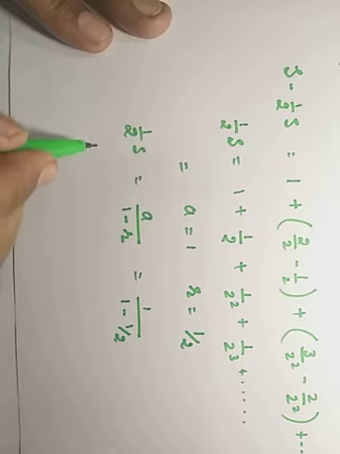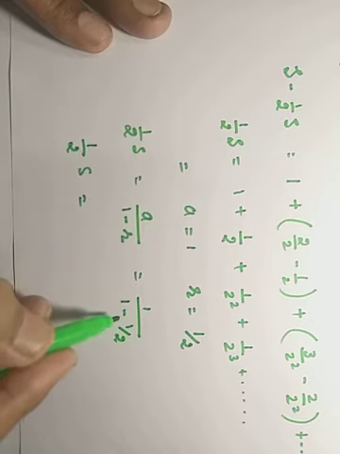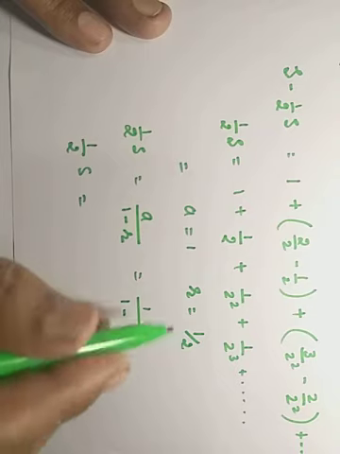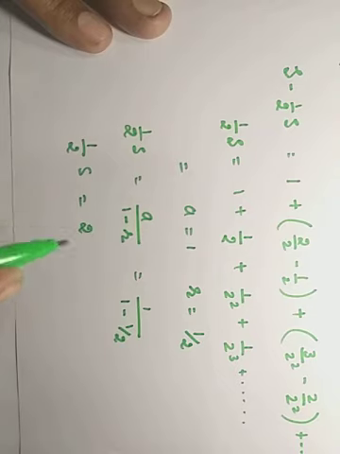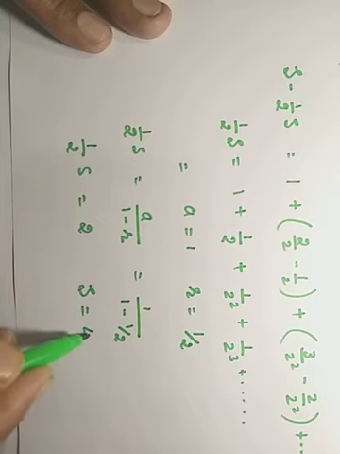Now, half S is equal to 1 upon 1 minus 1 by 2 means 1 by 2. It goes up, it becomes 2. And this 2 goes the other side, therefore S is equal to 4.